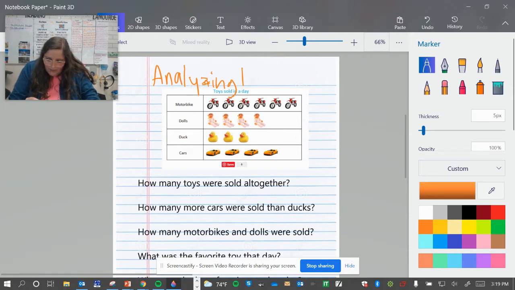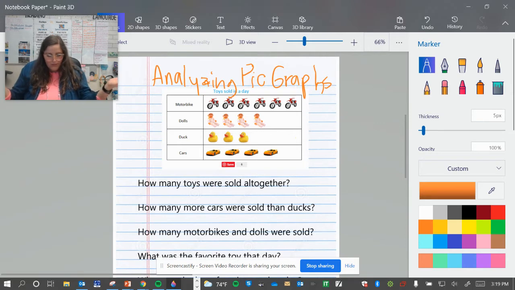What's happening? Just not drawing very well tonight. Don't know what happened. Guys, I don't know what's happening. I'm sorry, my handwriting's not messy, it's just not picking it up. Don't know what's going on.